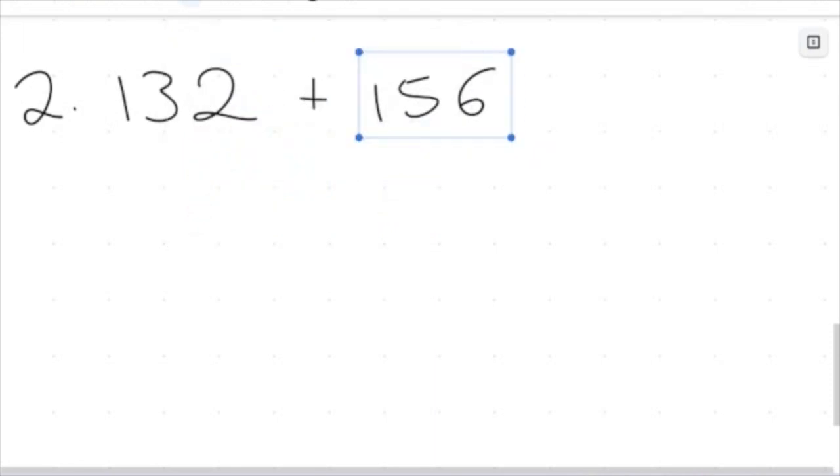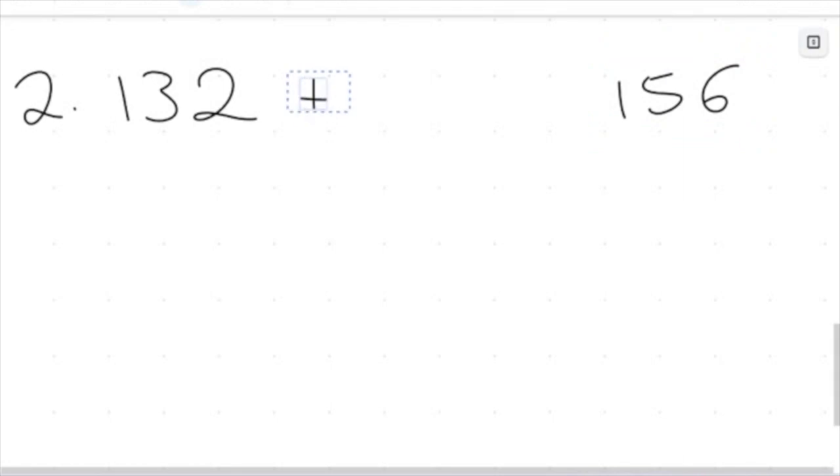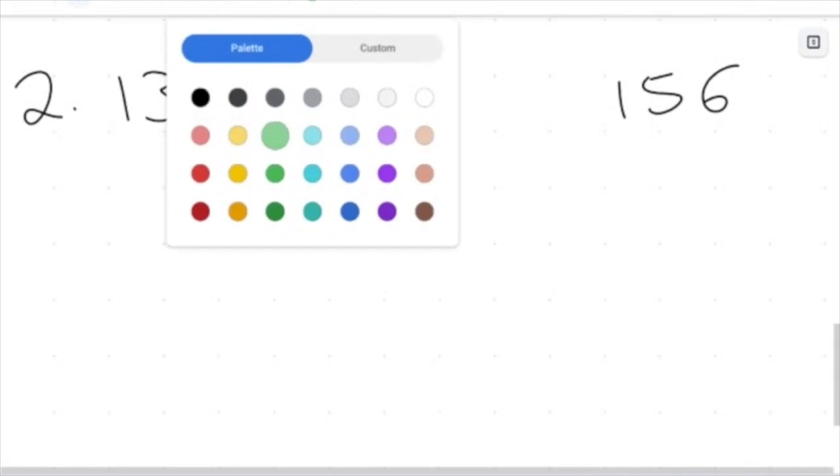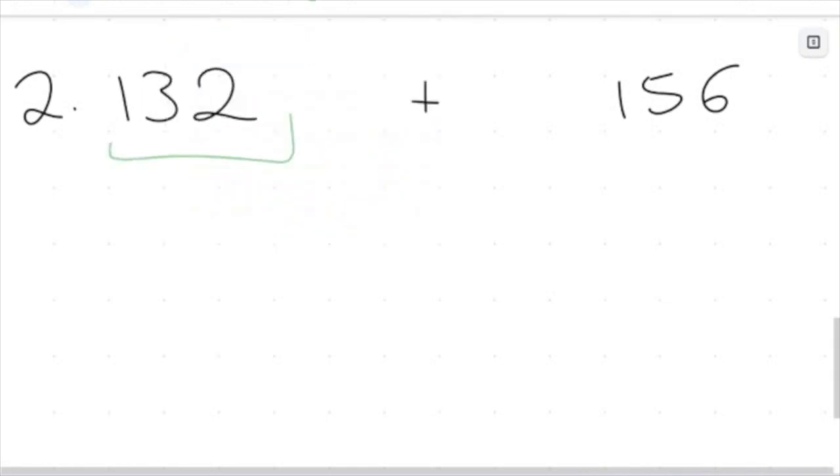And I'll show you how this would work for an even harder question. So here I'm going to give you 132 plus 156. Now, this looks a little bit scarier to do in your head, but once again, I can break this up into smaller bits. So, let me move these across just so I can create a bit of space. My 132, I can break that up into 100 plus 30 plus 2.